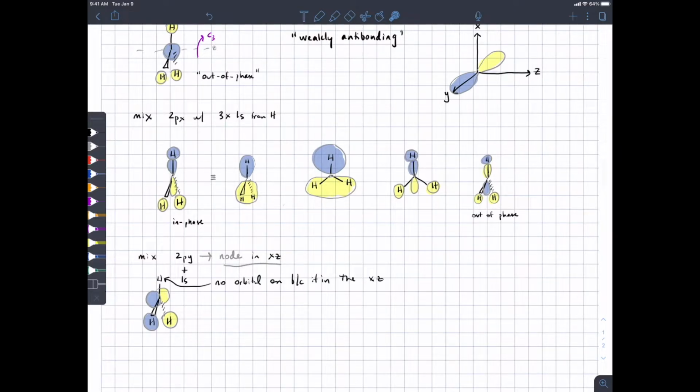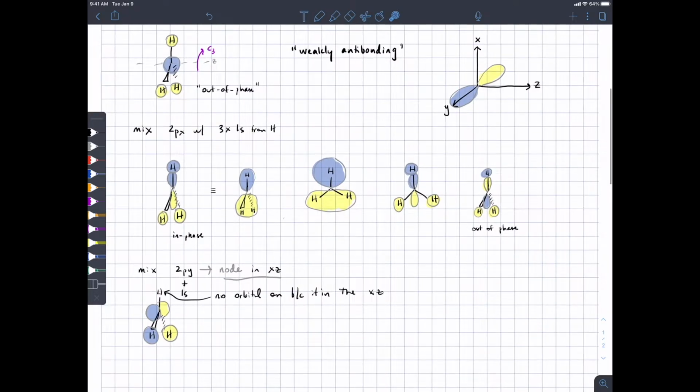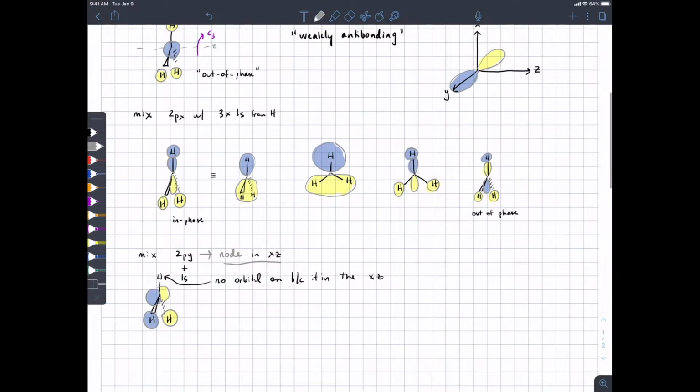That is, electron density goes to 0 as you go from this lobe to that lobe, and that node where electron density goes to 0 is the plane that's sort of marked out by these x and z axes. So what that means is, the way we've oriented our molecule, this carbon-hydrogen bond is in the xz plane, aligned along the x-axis. So that hydrogen actually is in a node, and there can be no electron density at it. Wave function equals 0 on that hydrogen.